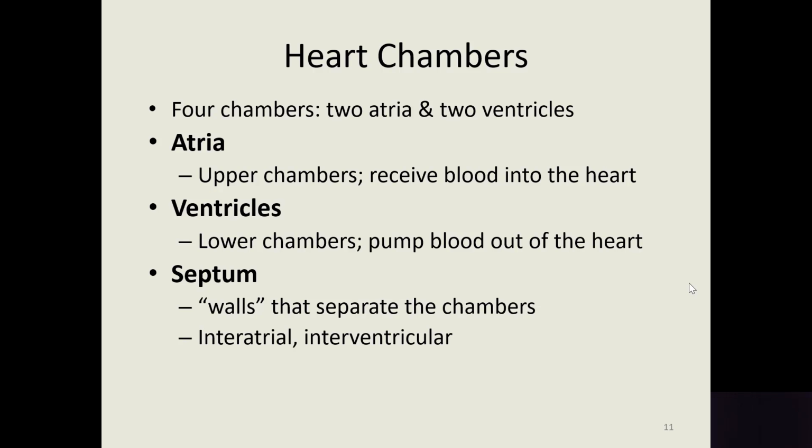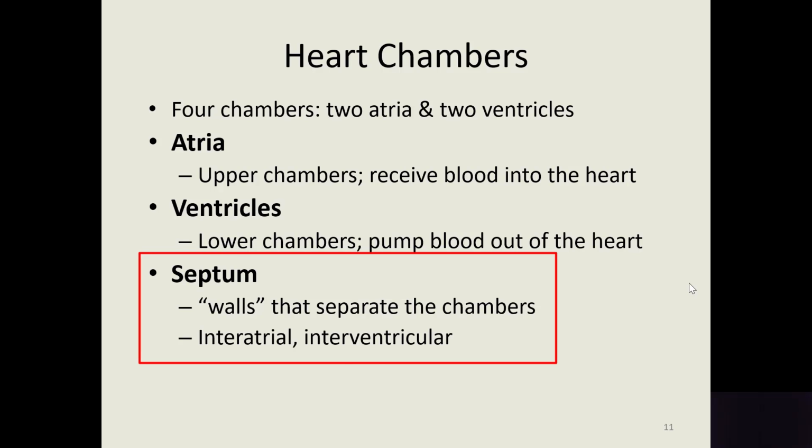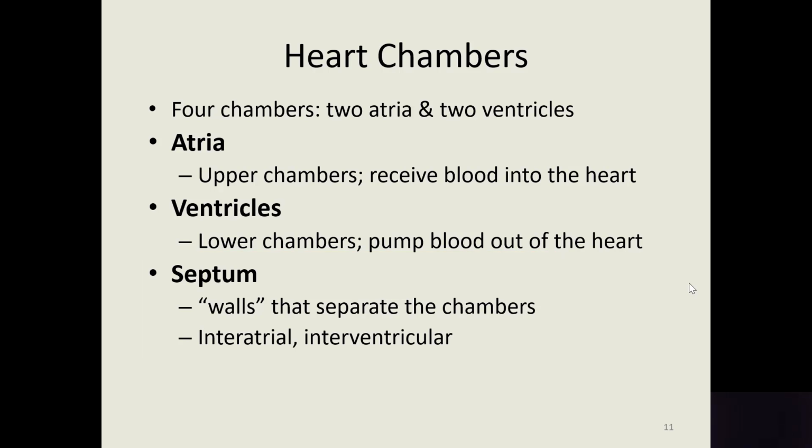So the atria are the receiving chambers, the ventricles are the pumping chambers. They push blood out of the heart. A septum is a wall. A septum is just a wall that separates the chambers. And there's 2 septums. One is the interatrial septum that divides the 2 atria, and the other is the interventricular septum, and that divides the 2 ventricles.